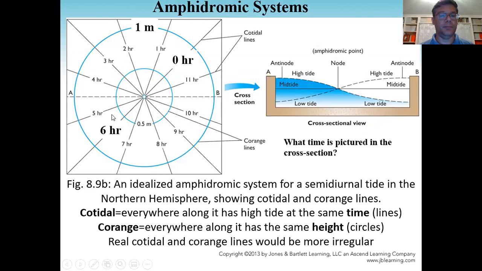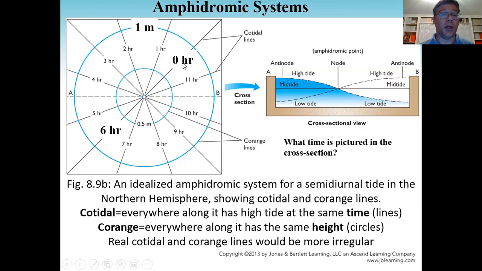This diagram has two different types of lines on it. We have the circles, which are the co-range circles, and the radiating lines, which are the co-tidal lines. Co-tidal line means everywhere along this line has high tide at the same time.